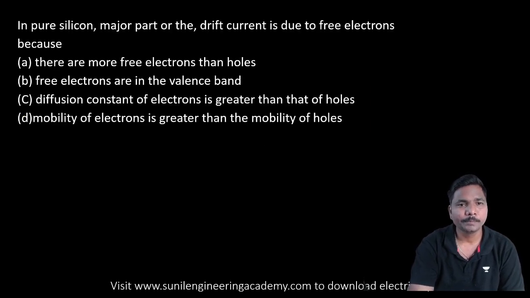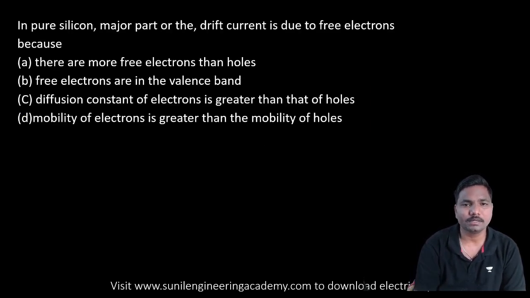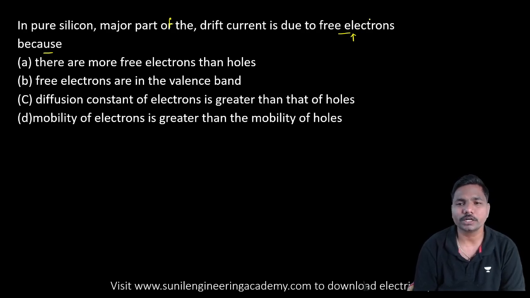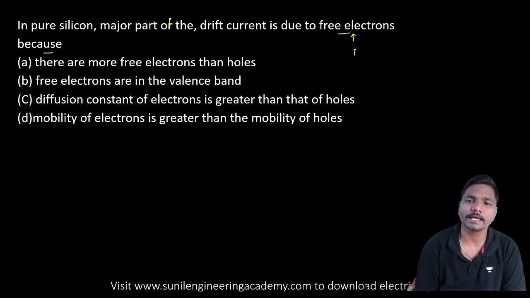In pure silicon, the major part of the drift current is due to free electrons because of dash. Why is the major part due to free electrons? We know free electrons can move faster than holes. The mobility is higher. Mobility, we have already discussed in the previous session.